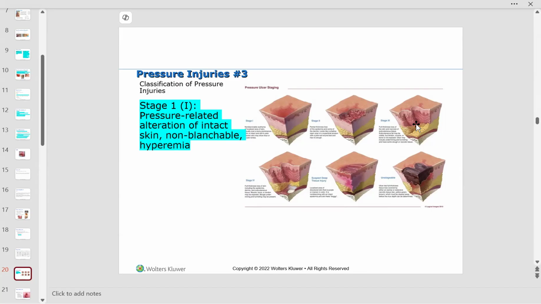Stage 3 is full thickness loss, and it goes down deep into the subcutaneous tissue. Stage 4 is an anatomy lesson. Goes well beyond the subcu tissue to muscle and bone. Suspected deep tissue injury, it's kind of purpley looking and you don't know what lies beneath. And unstageable, similar. It's necrotic, so you don't know how deep it is. Okay?